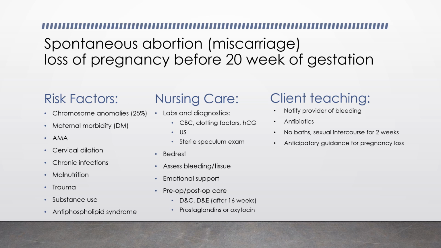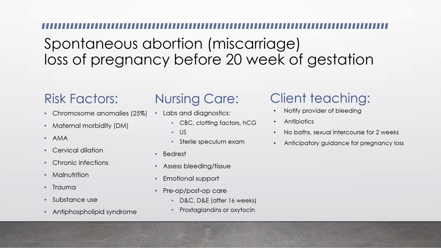The provider may order labs like a CBC, clotting factors. HCG is human chorionic gonadotropin, which is a hormone of pregnancy. They may order an ultrasound, and they may do a sterile speculum exam that you as the nurse will assist with.